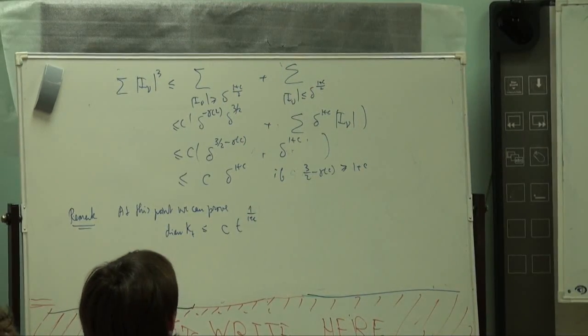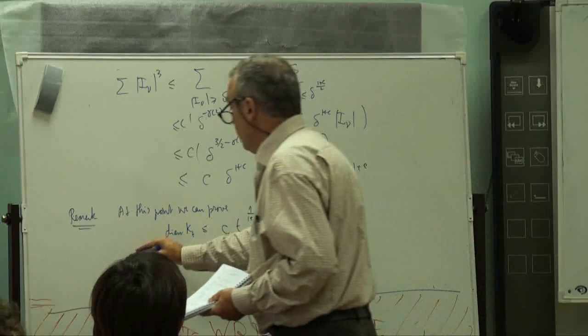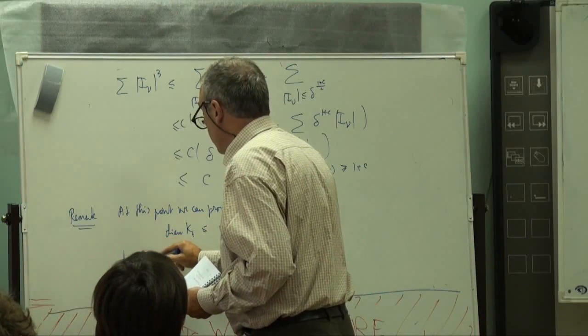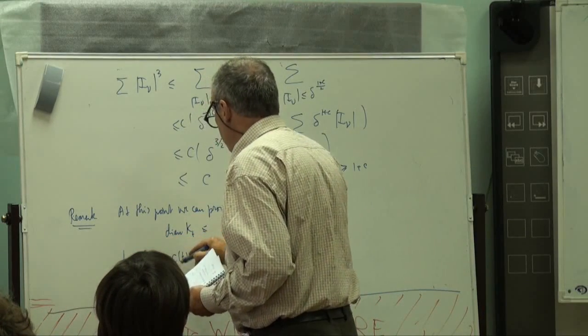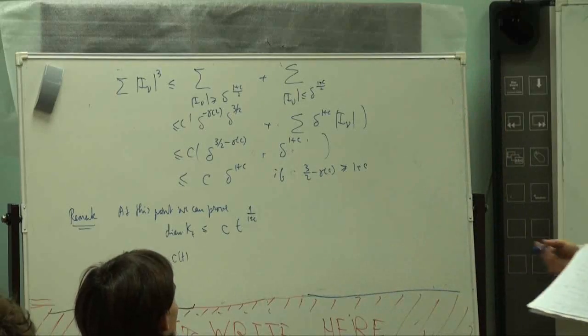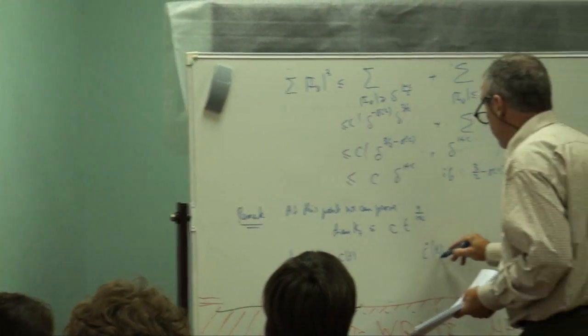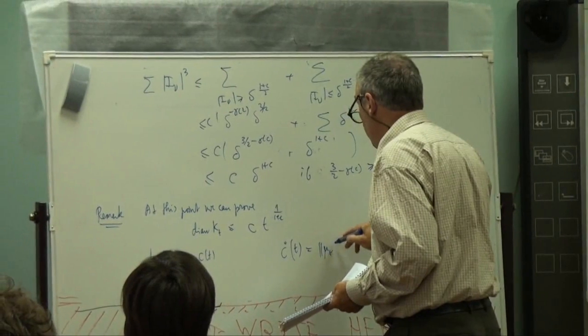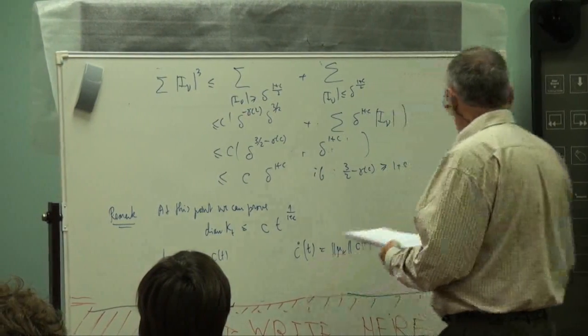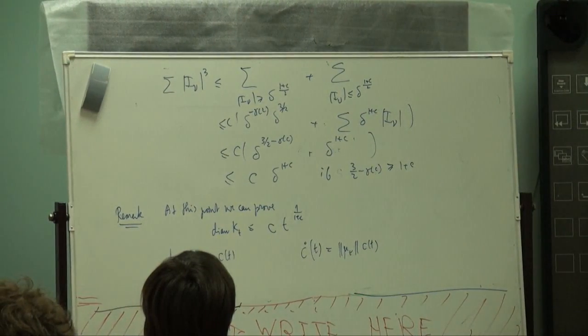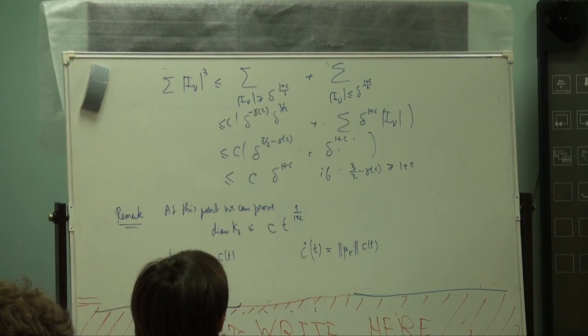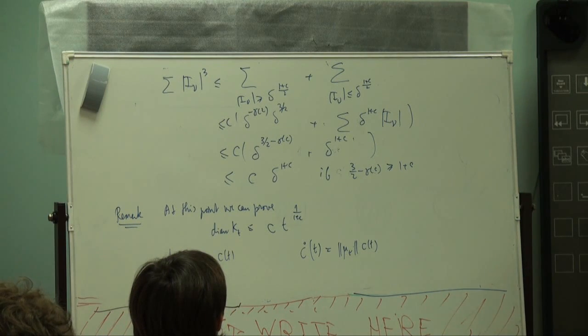So we just use the fact that the diameter of K_t is equivalent to C(t), and we get an estimate on C(t). I recall that we have the equation Ċ(t) equals the norm of μ_t times C(t).